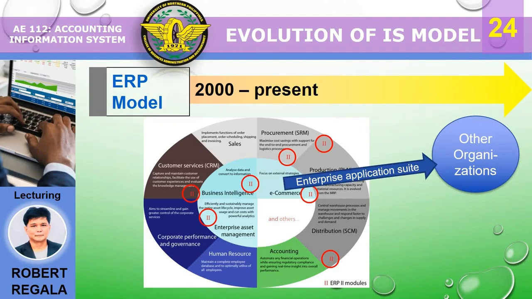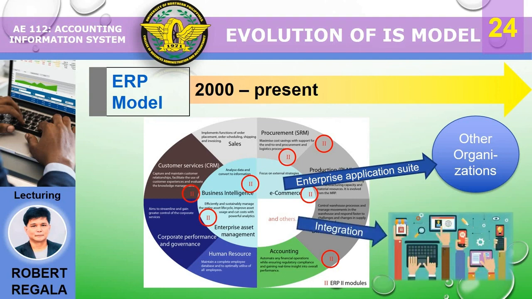ERP2 systems are typically used to enable collaborative initiatives, such as supply chain management, SCM, customer relationship management, CRM, and business intelligence, BI, among business partner organizations, through the use of various e-business technologies. Developers now make more effort to integrate mobile devices with the ERP system.